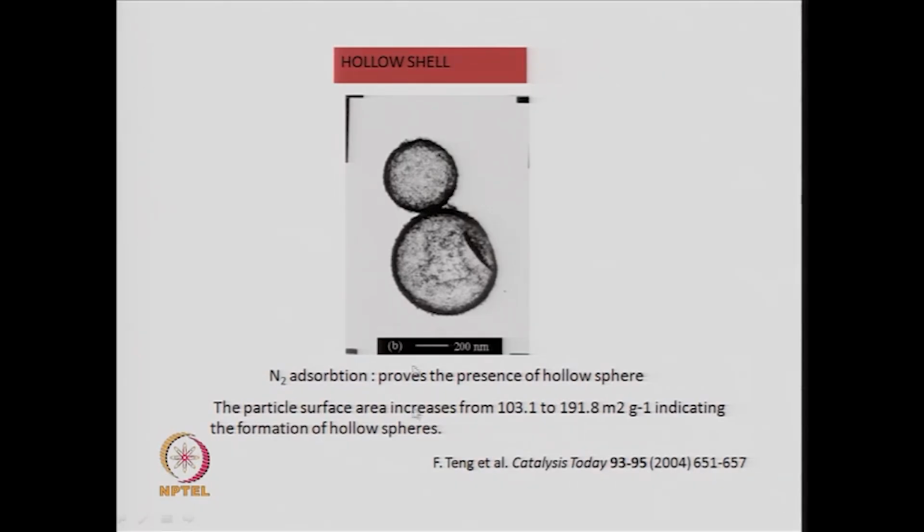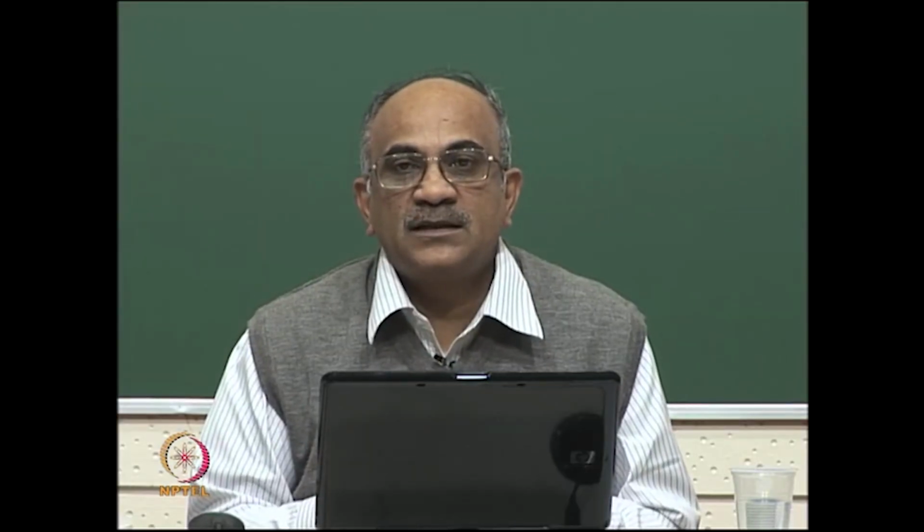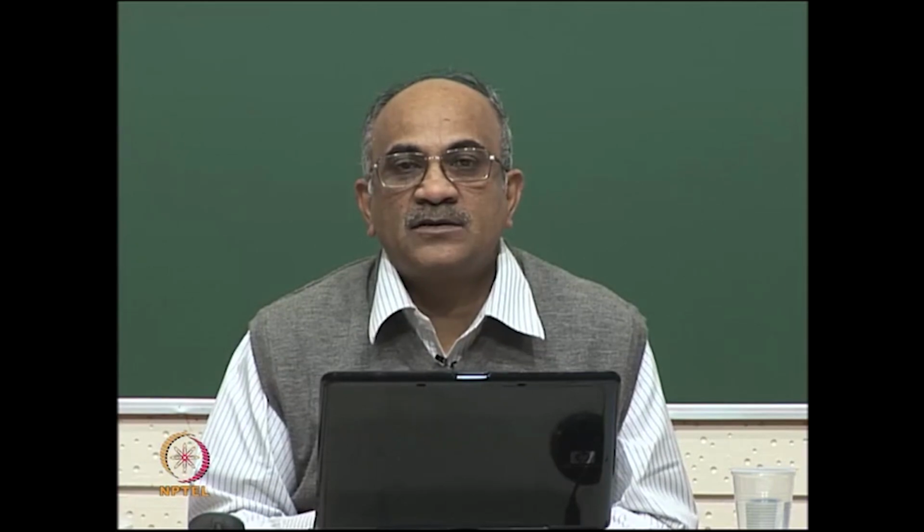Initially the surface area obtained from nitrogen adsorption is around 103.1 meter square per gram. After some time it shows 191.8 meter square per gram, and this increase in surface area is because of the increase of nitrogen gas inside, and that shows that it is a hollow shell to start with, and hence can take up nitrogen gas.